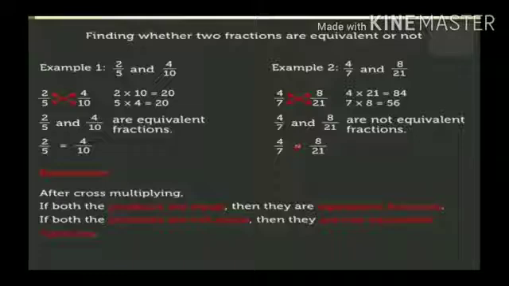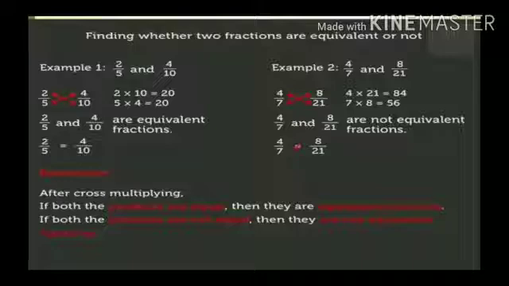After multiplying, 2 into 10 we get 20 and 4 into 5 is equal to 20. So here you can see both the products are equal. Therefore, 2 upon 5 and 4 upon 10 are equivalent fractions.